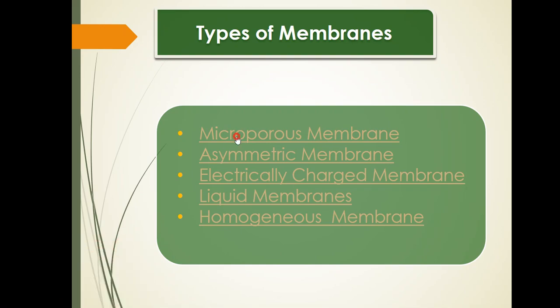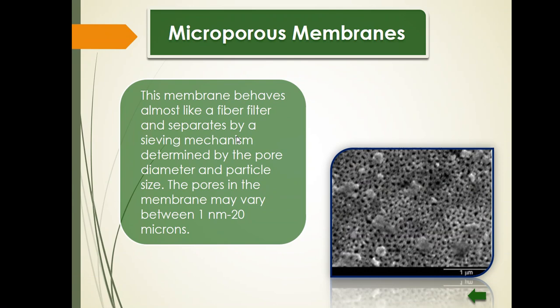So on top of the list is the microporous membrane. Now these membranes behave almost like a fiber filter and separate by a sieving mechanism determined by pore diameter and particle size. Take note, the pores in the membrane may vary from 1 nanometer to 20 microns, and your membrane here is as thin as 1 micrometer.